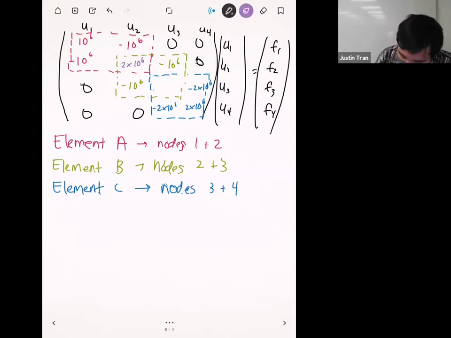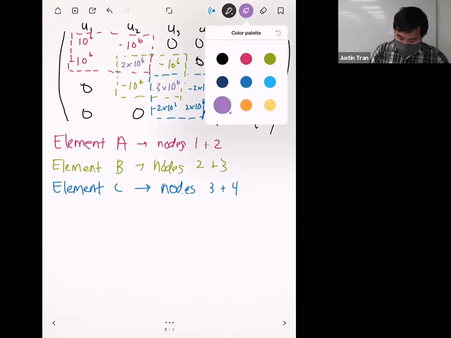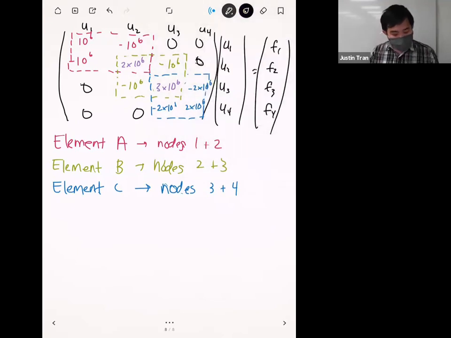And then for this region right here, we have 3 times 10 to the 6. And so that's how we assemble our global linear system. All right. And so now that we have this, our next step is going to be to apply boundary conditions.